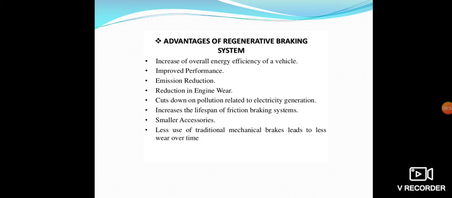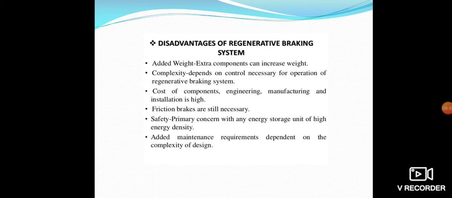It is also useful for the reduction in pollution. Now some disadvantages of the regenerative brake system: due to the addition of extra components, the overall weight increases, because in some cases we put extra components such as a controller or transmission.